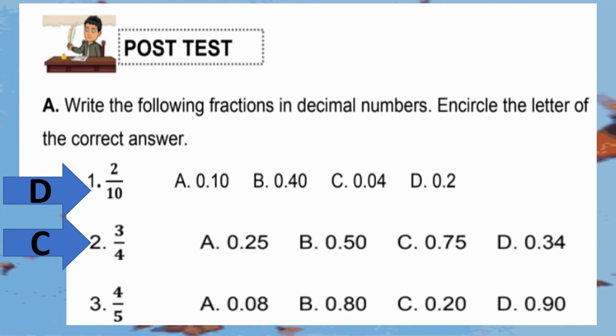So the decimal number here is A, 8 hundredths, B, 80 hundredths, C, 20 hundredths, D, 90 hundredths. Okay, correct. It's letter B, 80 hundredths or 8 tenths. Okay? Next.